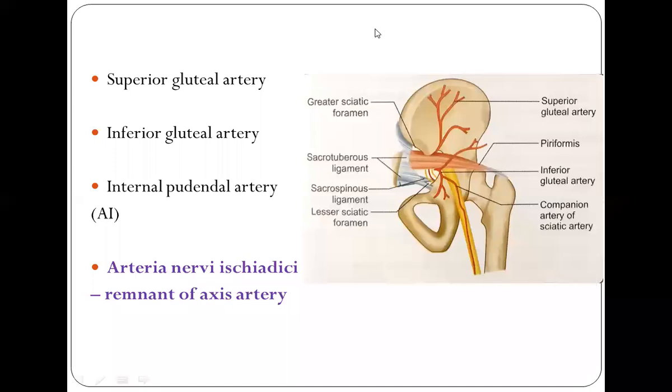Now, this is of embryological importance because in the embryo for the lower limb, there is a long artery which supplies the entire lower limb, which is called the axis artery of lower limb. So this artery, the arteria nervi ischiadici, is actually a remnant of the axis artery of lower limb, the remnant which is found in adults.